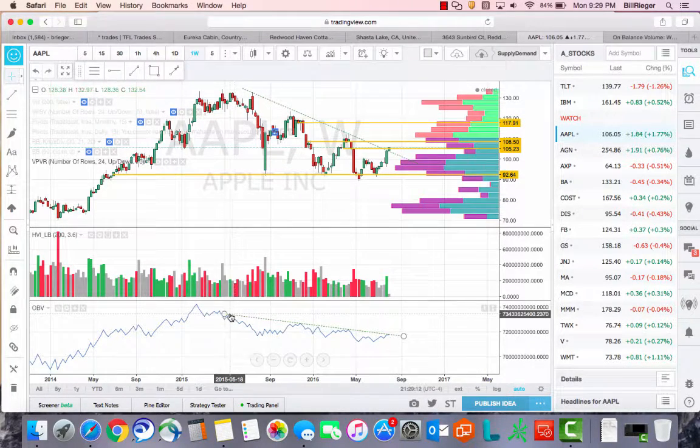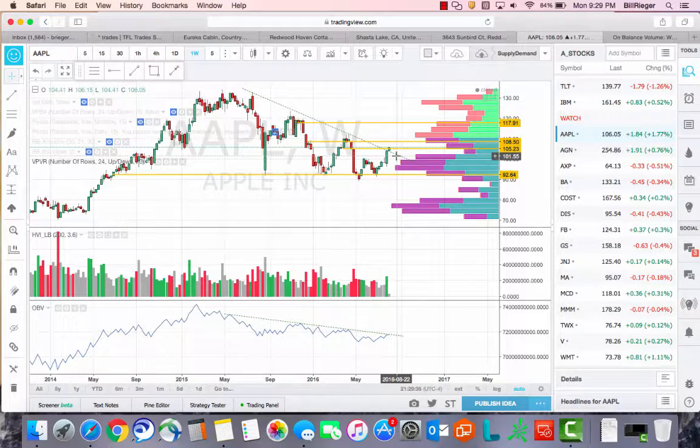It can sometimes be a leading indicator of where price might go, or a confirmation of a trend change, or help you determine where a breakout might happen. What I'll be looking for here is this trend line to break with the on-balance volume indicator before price did. It doesn't look like that's going to happen, so it'll be interesting to see.